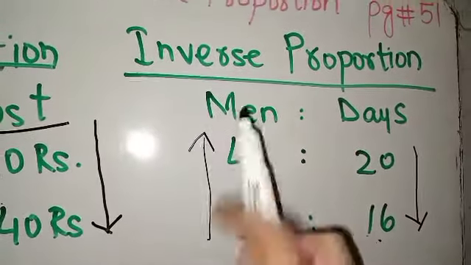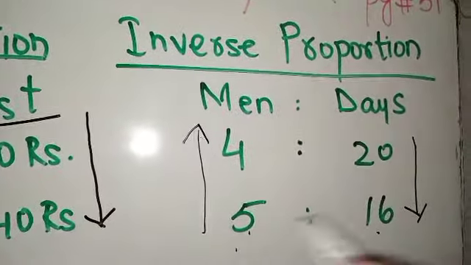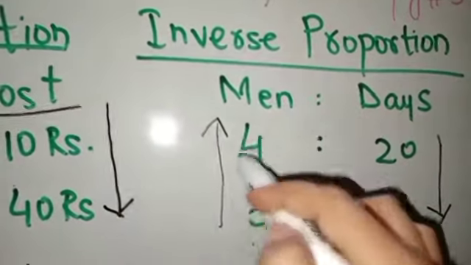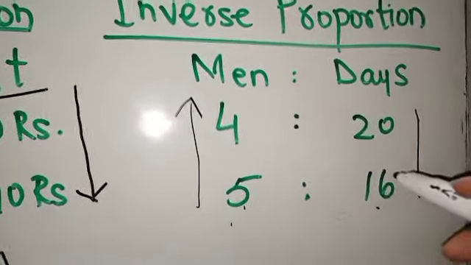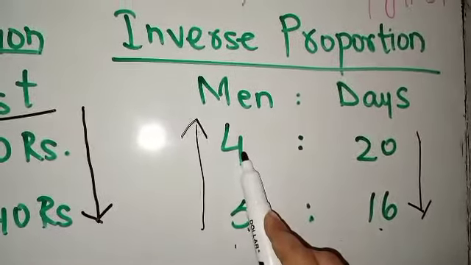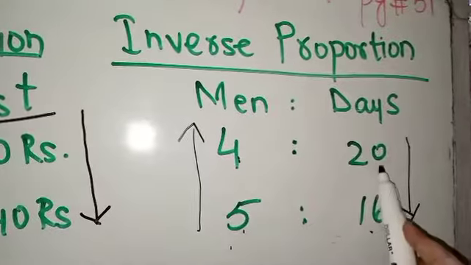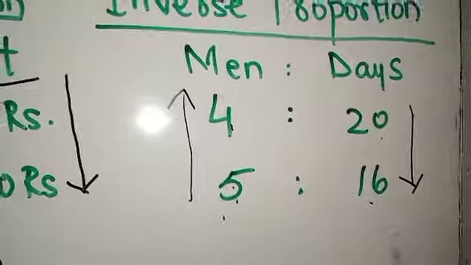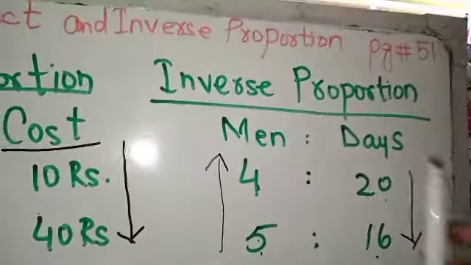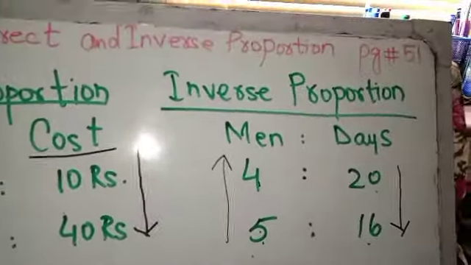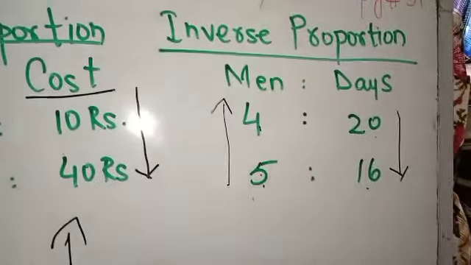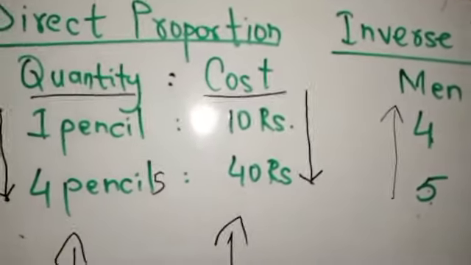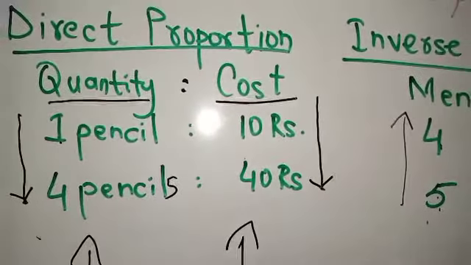When I increase men, days will decrease. 4 men were doing the job of painting the wall in 20 days. 5 men will do the same job in 16 days. So if one thing is increasing, another thing is decreasing, that is known as inverse proportion. I hope this is clear to you. Very simple. And now when we do questions, you will have this concept more clearly.